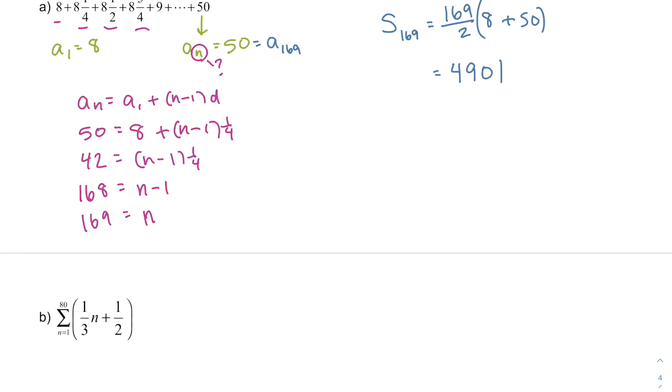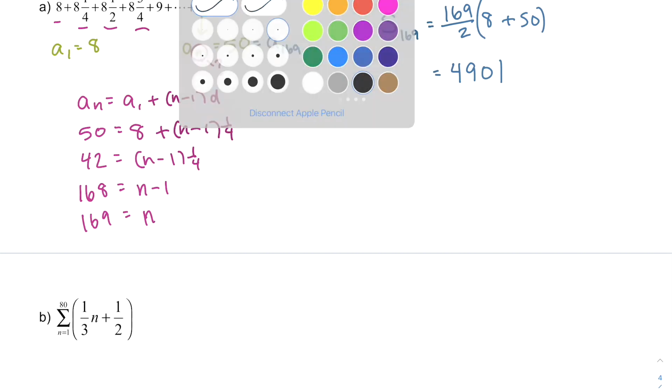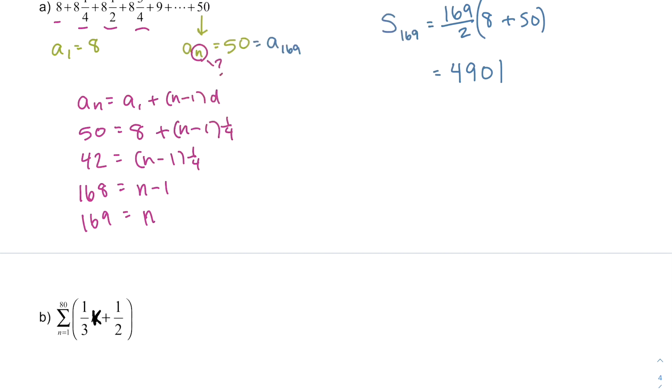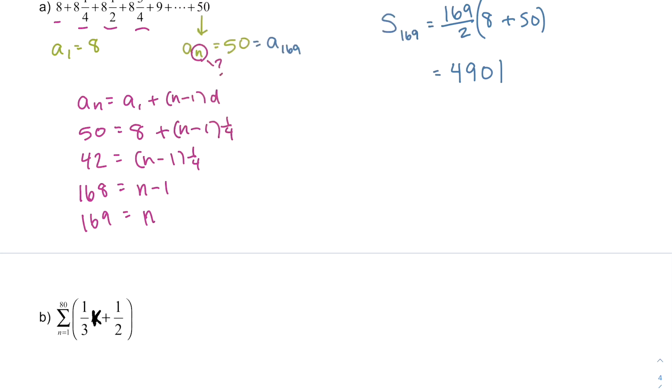Okay, this one we actually have it in summation notation, so we know that we're adding up the first 80 terms. Actually, there's a typo here, so I want to adjust that for you. This should be a K, right? That's the index. Okay, so let's go ahead and write out our formula. So we're adding up the first 80 terms.